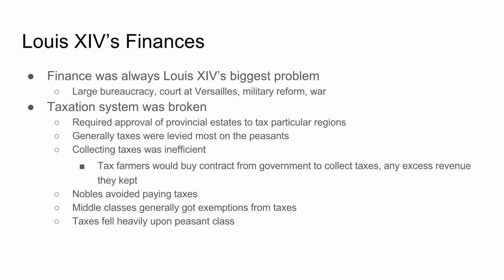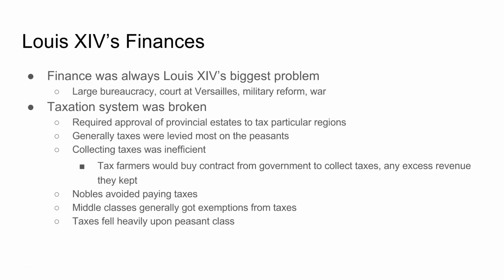So these tax farmers would necessarily go and tax at a much higher rate than necessary, because by doing that, they're guaranteeing themselves money. And so they want to make money. And so they're taxing these people who can't afford it. They're shaking them down and stealing as much as they possibly can from them. And this is just not a good system, especially because the nobles are generally the ones who are not paying taxes.